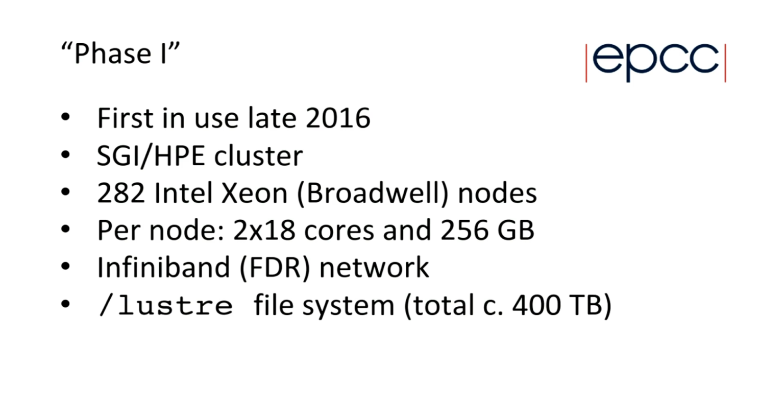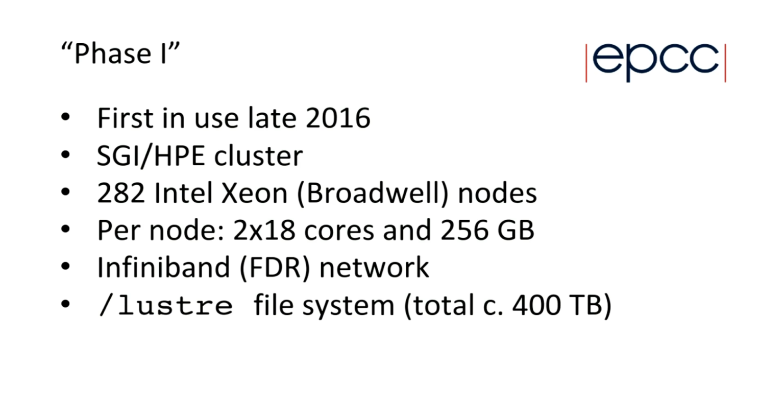Okay, so the existing, what I'm calling the Phase I incarnation of Cirrus, first appeared in late 2016. It's based on a HPE cluster, and it had some 282 Intel Xeon nodes. 2 nodes are used as login nodes, leaving 280 for compute nodes, which appear in the queue system.